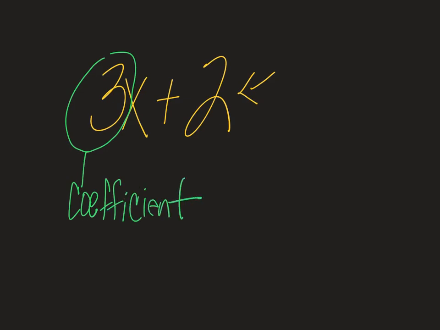Of course, what is the x? It's your variable or your unknown, right? We know that's your plus sign. And this is what? It's not a coefficient. It's only a coefficient if it's in front of a variable. It's just a numerical number, right?